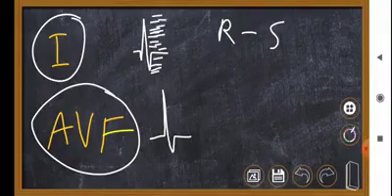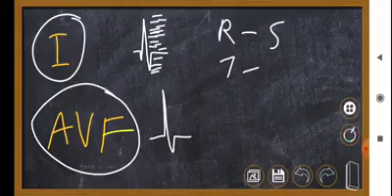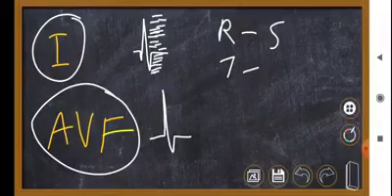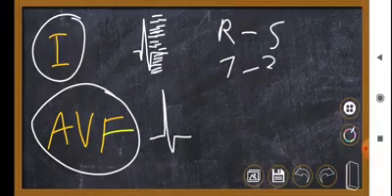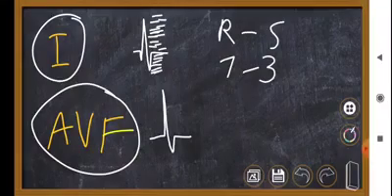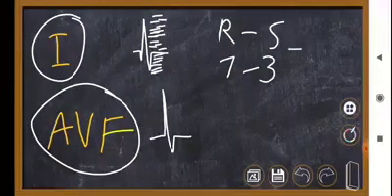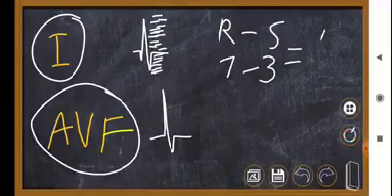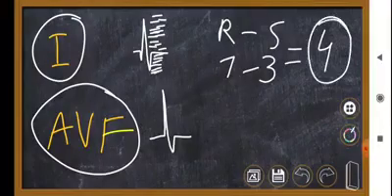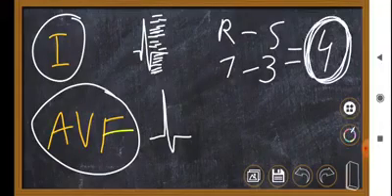Suppose this is 7, and the small squares in the S wave, suppose this is 1, 2, 3. Suppose this is 3 small squares. So this is 7 minus 3, and the RS difference will be 4. Now please keep these values in mind.